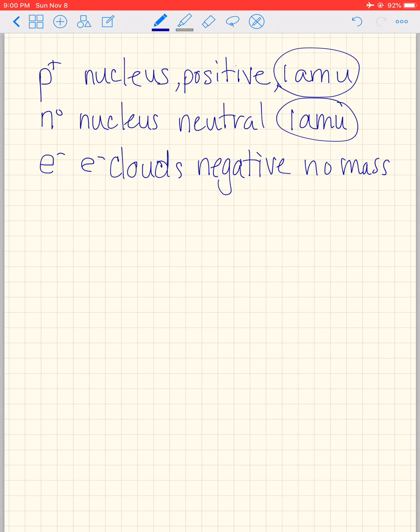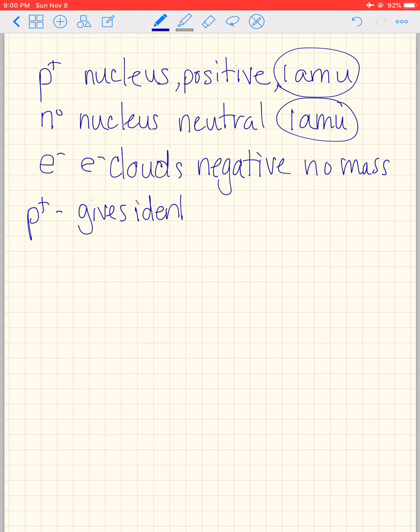All right, now that's just a real quick review of them, but the most important thing right now that I want you to think about is what is the function and what does it do to the atom itself, and changing it gives me what? So for a proton, the function of the proton is that it gives the atom identity.